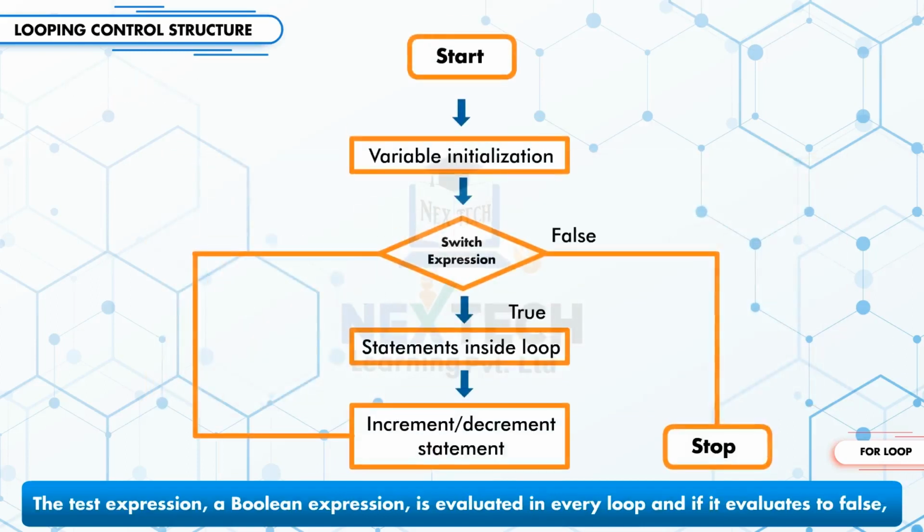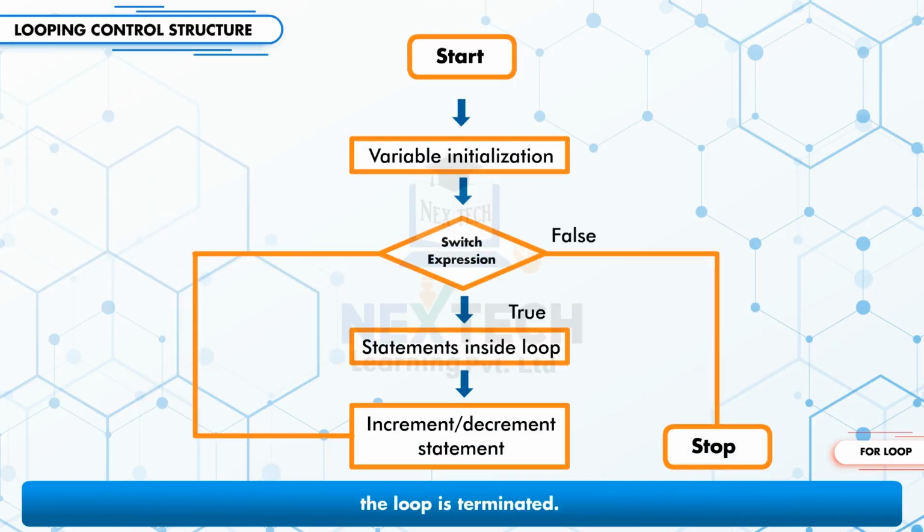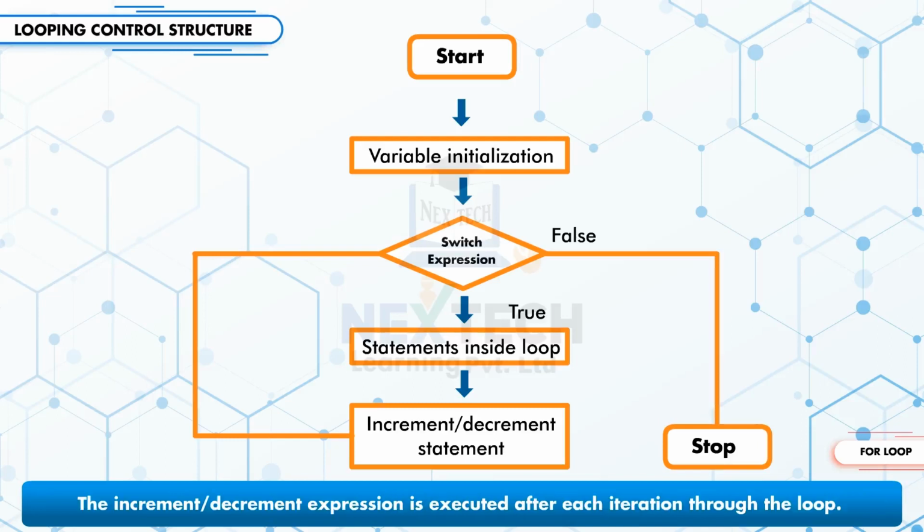The test expression, a Boolean expression, is evaluated in every loop, and if it evaluates to false, the loop is terminated. The increment or decrement expression is executed after each iteration through the loop. It increases or decreases the value of the control variable unless the condition becomes false.